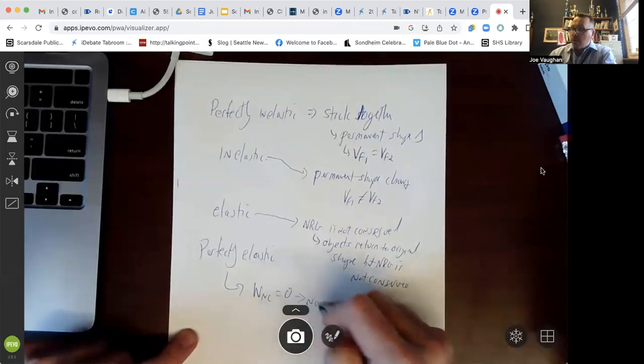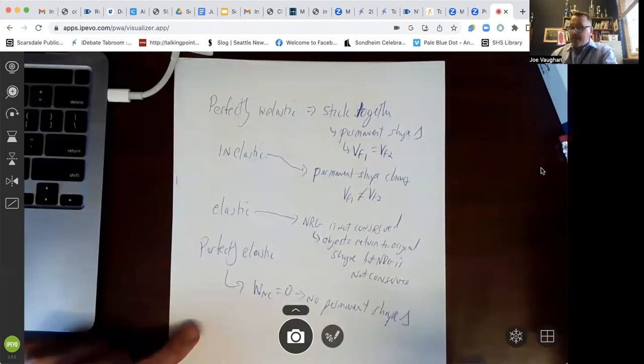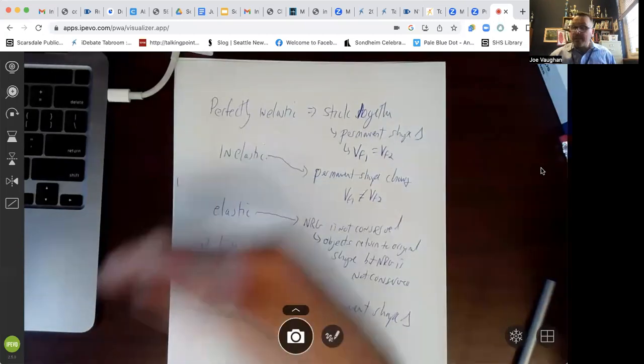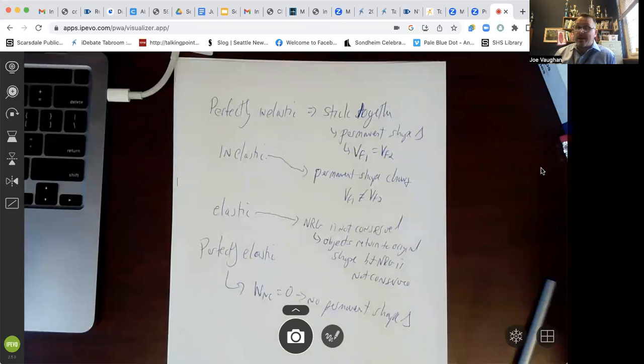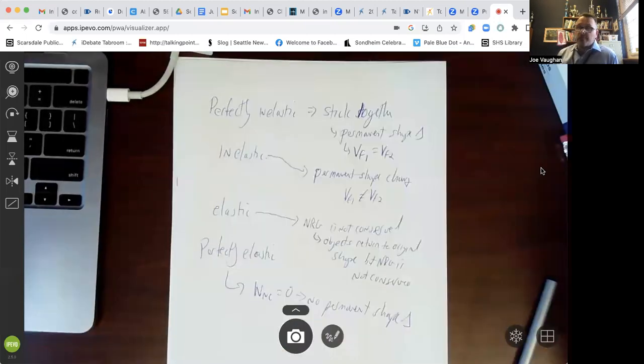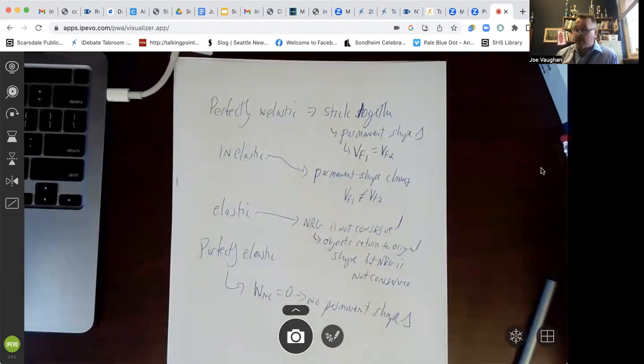There is no permanent shape change, right? And there you go. In all of these, as long as there are only two free objects interacting, I could have momentum conserved during all of them and very different outcomes based on the nature of those interaction forces.